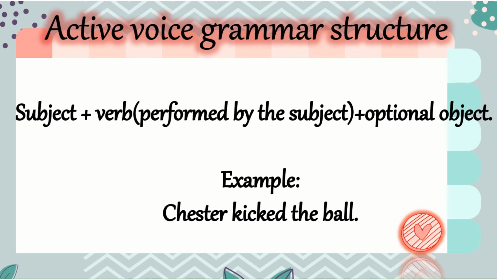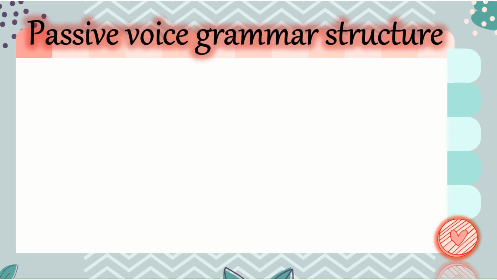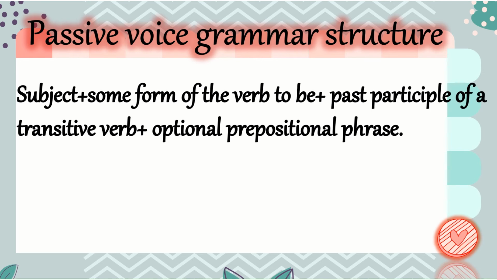In a passive voice construction, the grammatical subject of the clause receives the action of the verb. So the object from the above sentence, which is receiving the action, becomes the subject. Passive voice grammar structure: subject plus some form of the verb to be plus past participle of a transitive verb plus optional prepositional phrase.